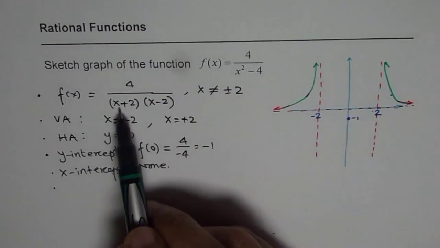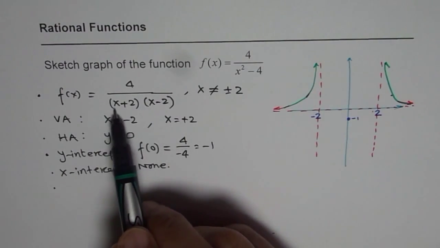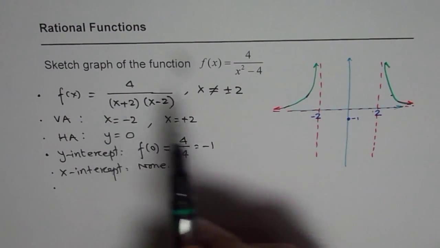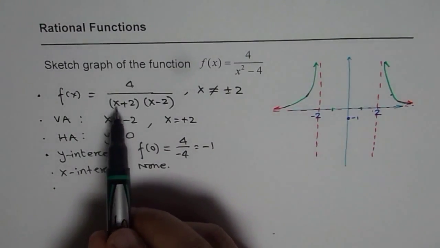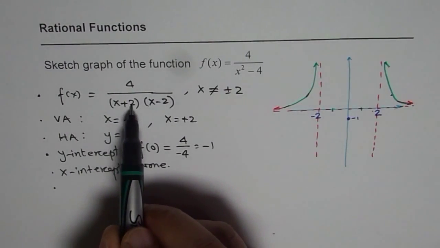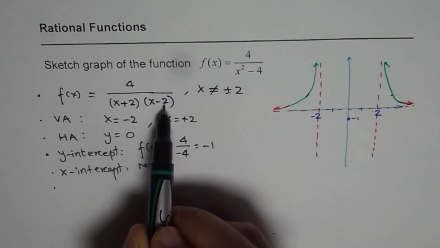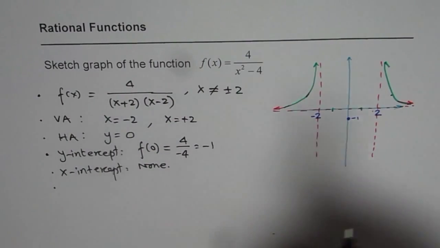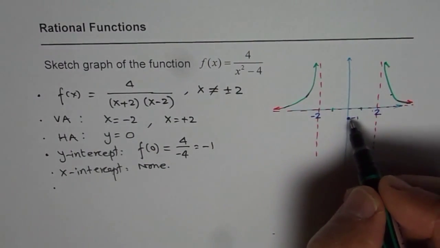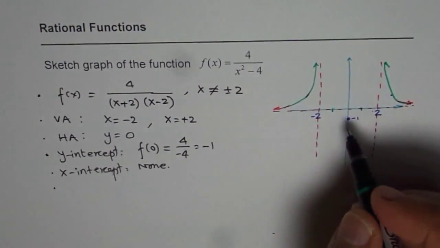For example, for x equals 1 or minus 1, 1 plus 2 is 3, and 1 minus 2 is minus 1. So it is 4 over minus 3, so kind of less than minus 1, right? So it is 4 over minus 3.